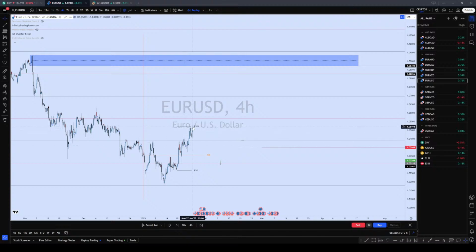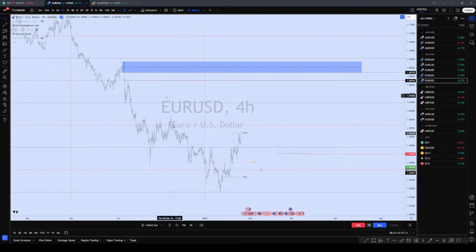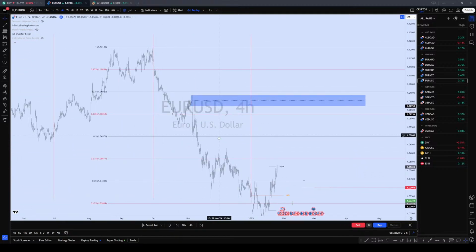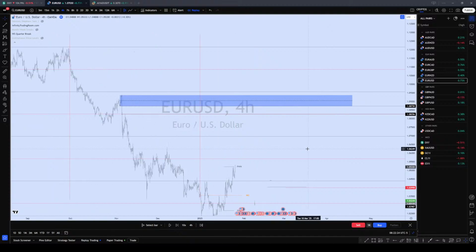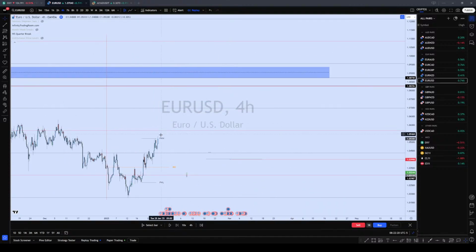Once price was here, you have this quadrant, you have this level, and you're going to anticipate price coming to the 50%, right? It's much better on British pound, but I'm just using this for now.